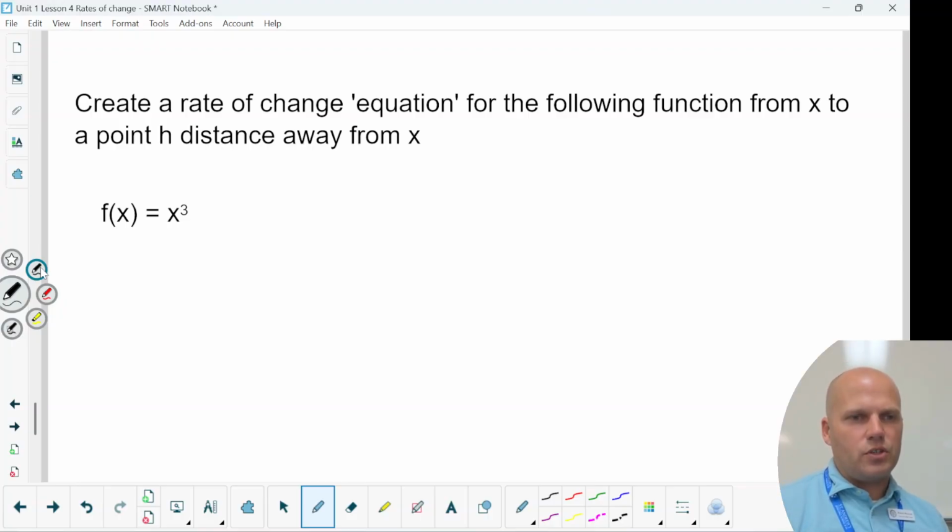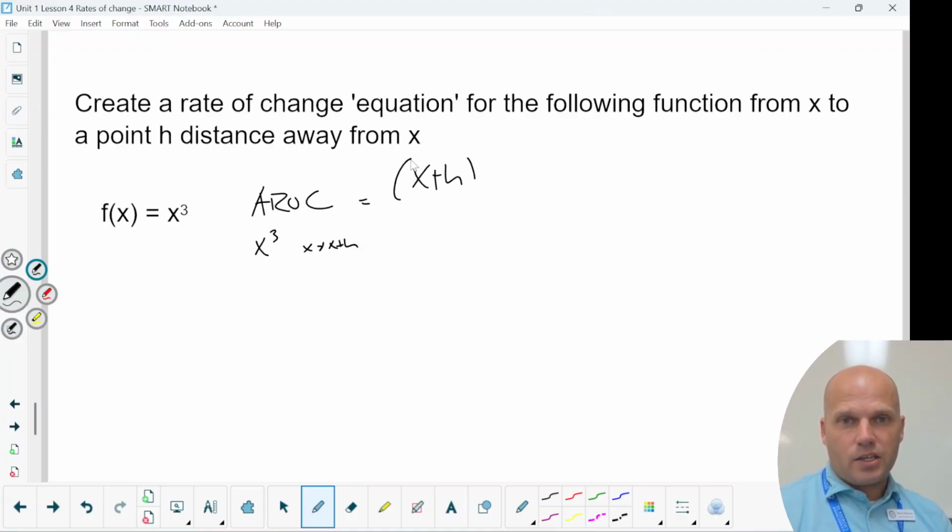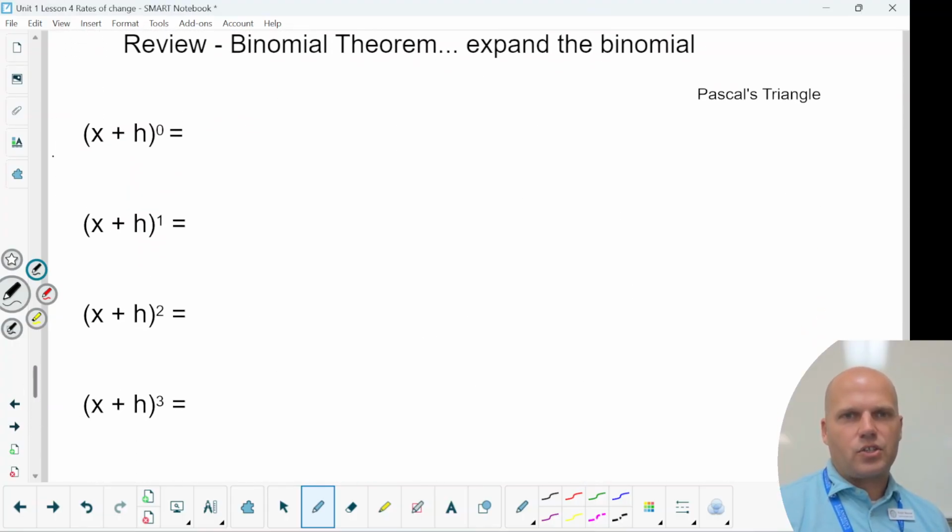If I wanted you to find the average rate of change formula for x cubed from x to x plus h, you would need x plus h cubed minus x cubed over h. We need to know what x plus h cubed is. Something that will help us is the binomial theorem or just Pascal's triangle, where we know that something to the 0 power is 1, something to the first power, nothing changes.